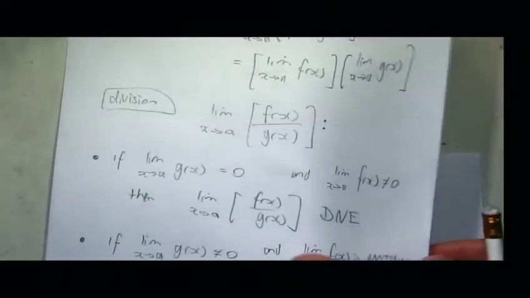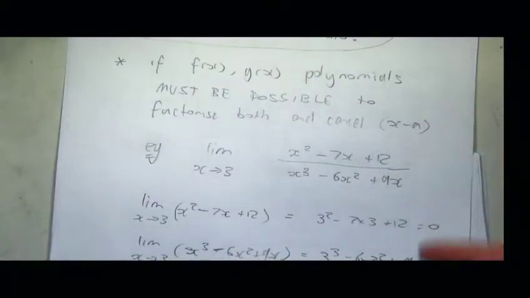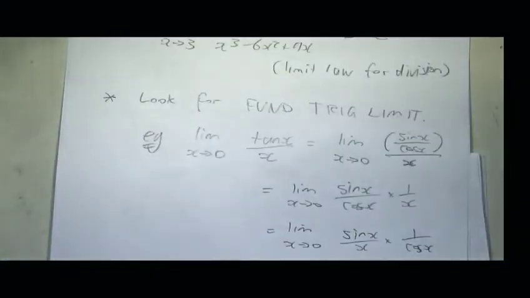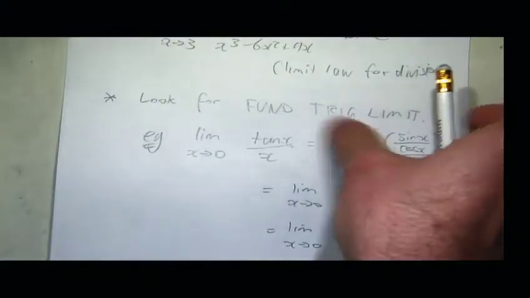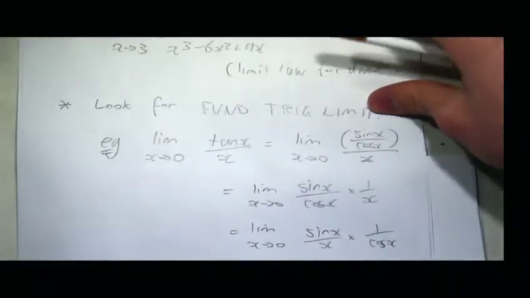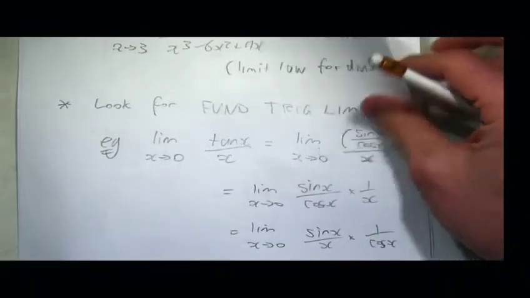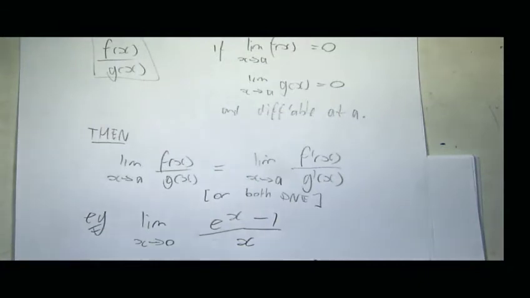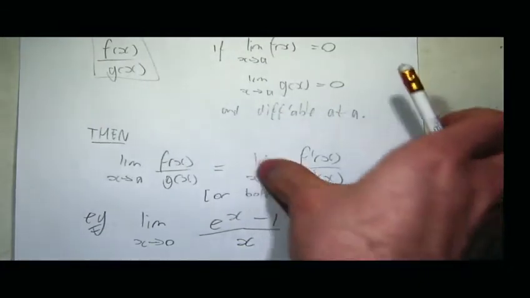And then we've had a couple of tricks to use when you've got 0 over 0 in your limit law for division. We've got our factorise and cancel, we've got our look for the trig limit, and we've got L'Hopital's rule. So those are all things to use when I get a 0 over 0. Okay? Cool.